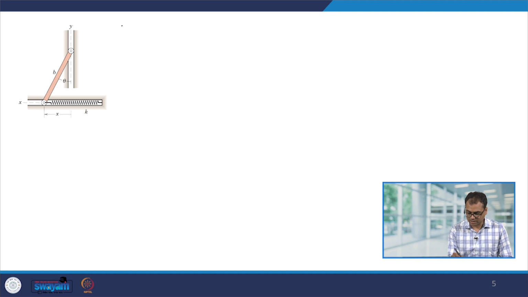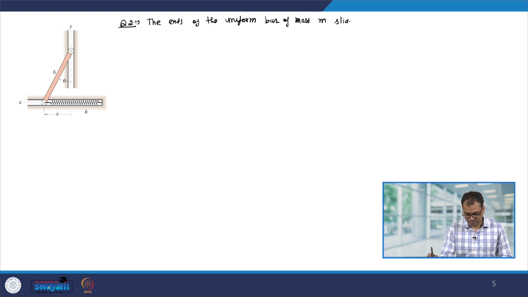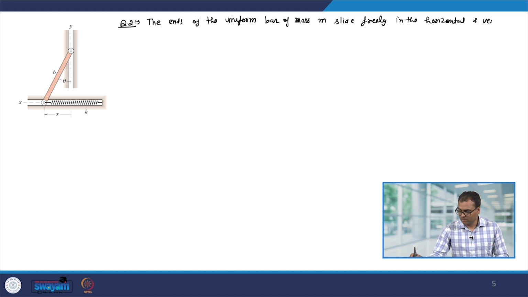So, this is question number 2, and the problem statement is the following. The ends of the uniform bar of mass m slide freely in the horizontal and vertical guides.